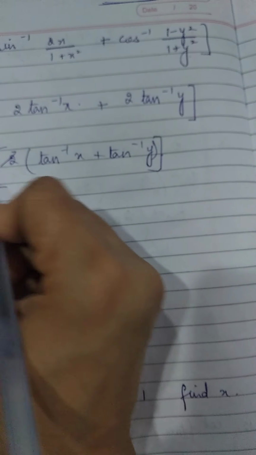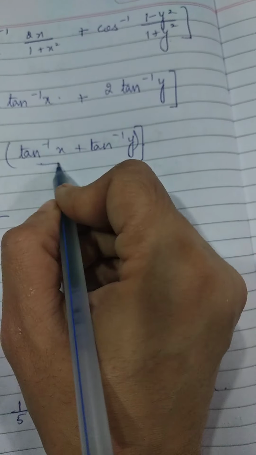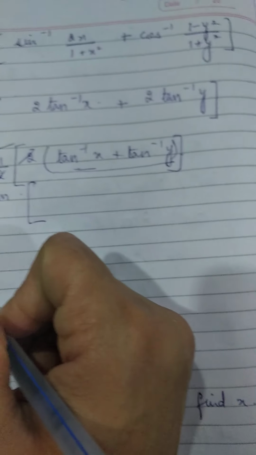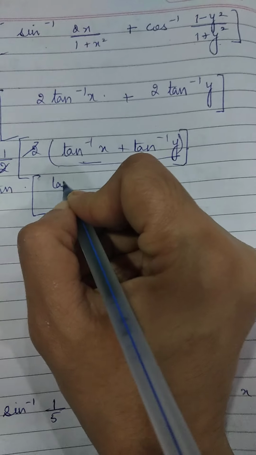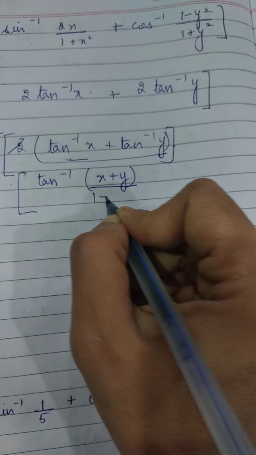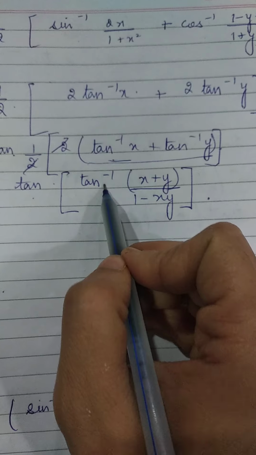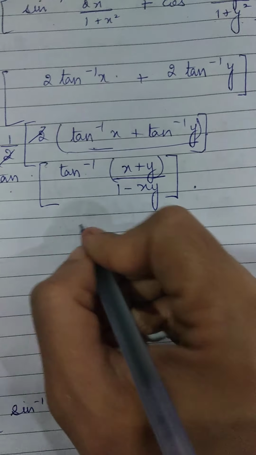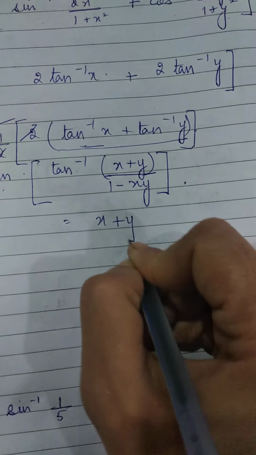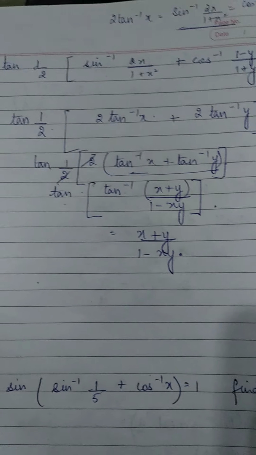So tan of, remember, this is not tan into tan inverse x plus tan into tan inverse y. We need to solve this bracket term first. We have another formula, that is tan inverse of x plus y upon 1 minus xy. Now tan of tan inverse becomes the angle itself. So this is equal to x plus y upon 1 minus xy.